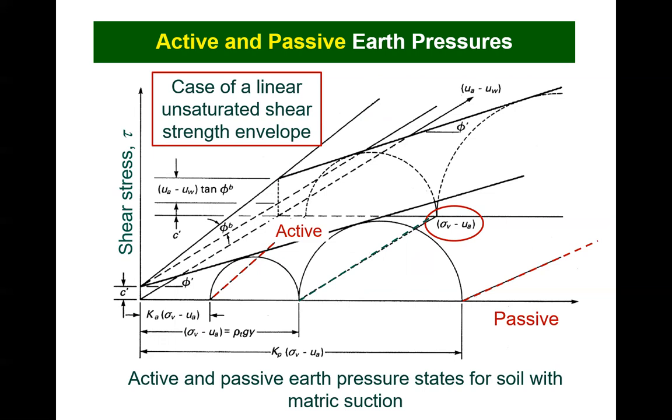It can be seen that the soil with matrix suction experiences a reduction in the active earth pressure in comparison to a saturated soil. Likewise, the soil with matrix suction experiences an increase in passive earth pressure when compared to saturated conditions. It is safe to conclude that suction in the soil will decrease the active earth pressure, and will increase the passive earth pressure. In general, this works to the engineer's advantage for most geotechnical design problems.